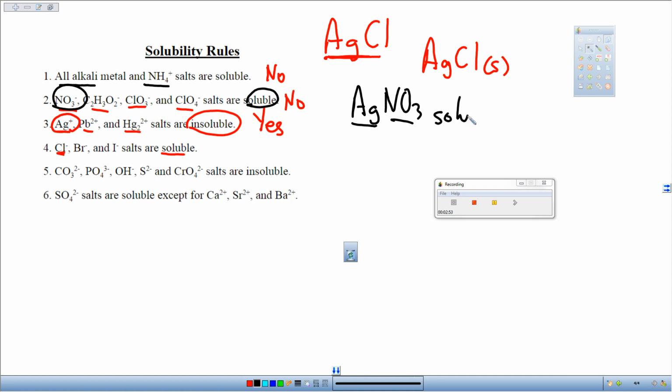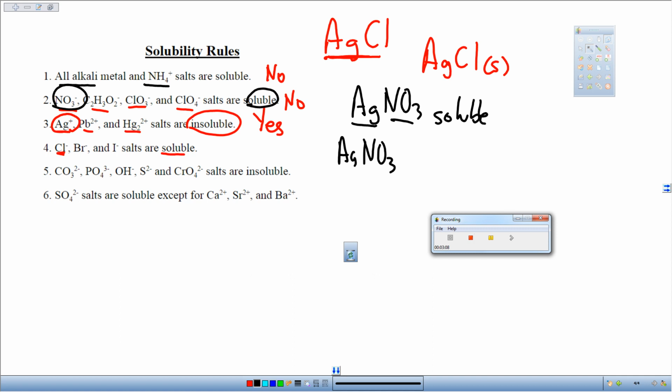What this means is that if I take AgNO3 and set it in water, what's going to happen? Well, I'll show you. In H2O, it's going to be solvated. I tried showing it in a program, but when I tested the program, it was going kind of slow. AgNO3 goes to Ag+ aqueous plus NO3- aqueous.